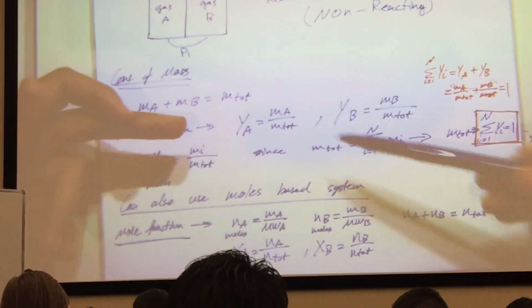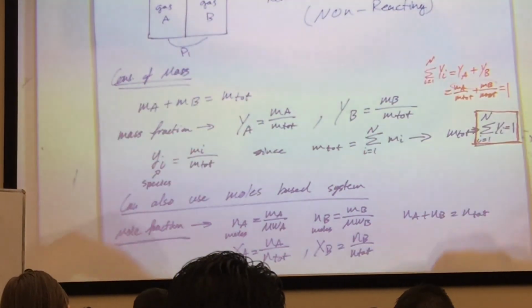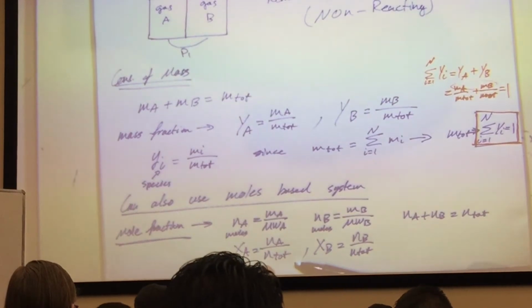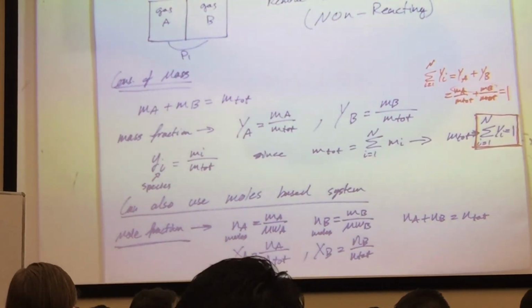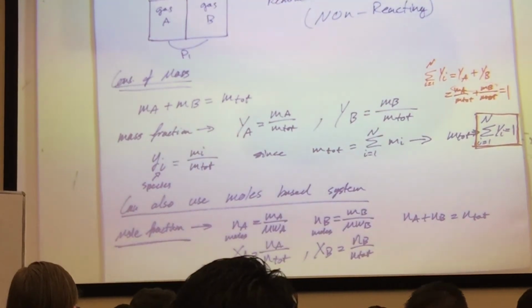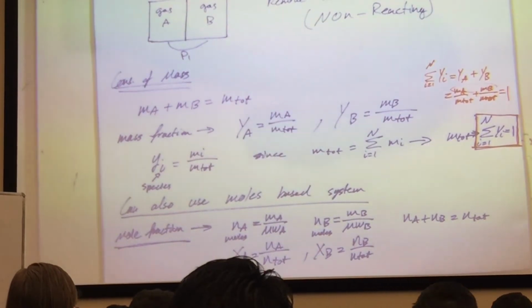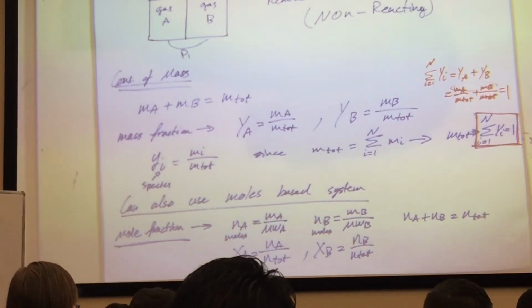You can see the similarities here. For mass fraction, it was Y, MA over M total. In this case, it's the number of moles relative to the total number of moles that I have. So it's the same thing. Each carbon has a specific weight in terms of kilograms, but I could treat it as 1 carbon mole, rather than its actual absolute unit. So that's the difference between moles and masses.